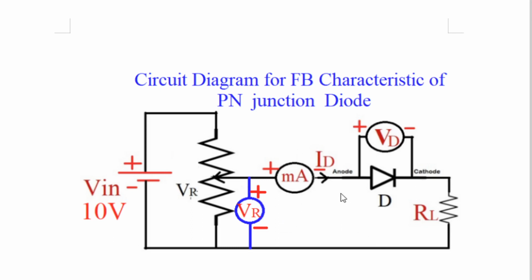But let me tell you one more thing here. This PN junction diode is exposed to room temperature, because we are conducting the practical at room temperature, and room temperature is 27-28 degrees centigrade.